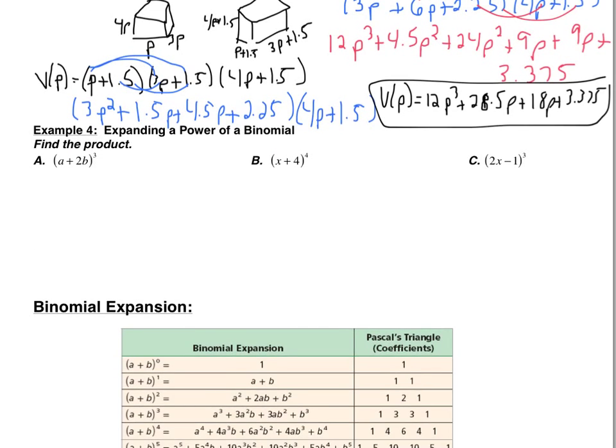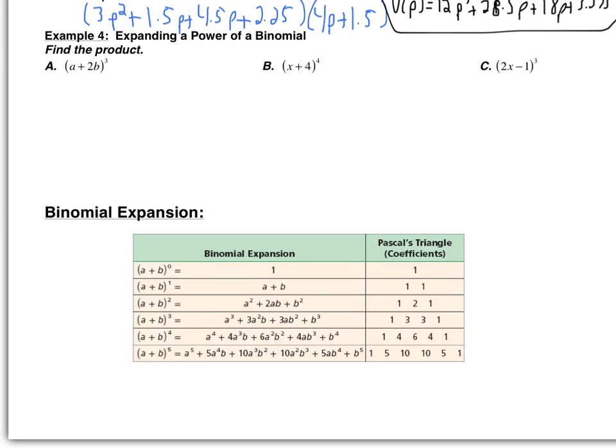And our next expansion, we have cubed. So we actually have a plus 2b three times. A plus 2b times a plus 2b times a plus 2b. In order to do that, we need to FOIL the first. So we have a times a, a times 2b, and so we get a squared plus 2ab.